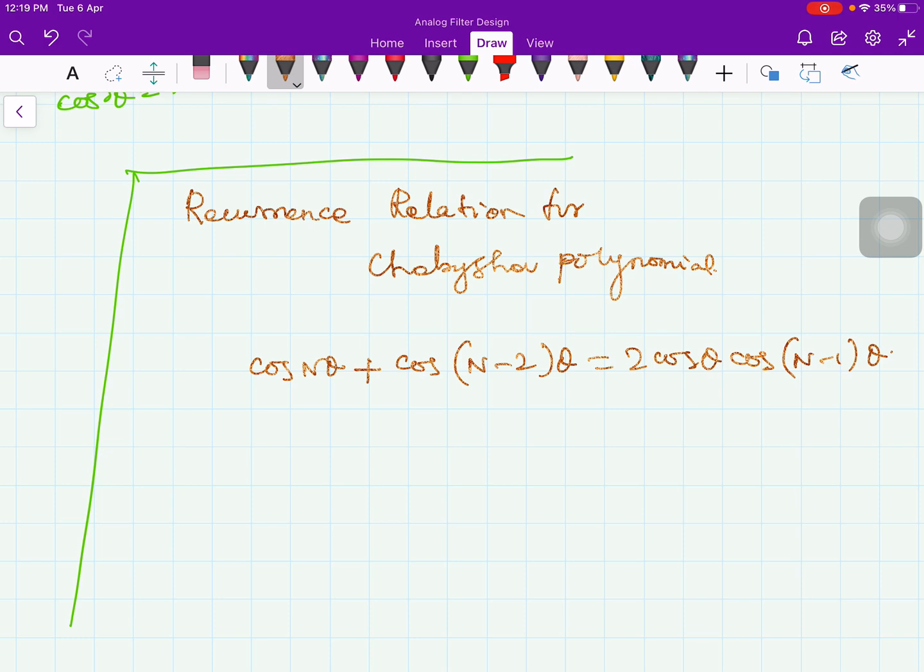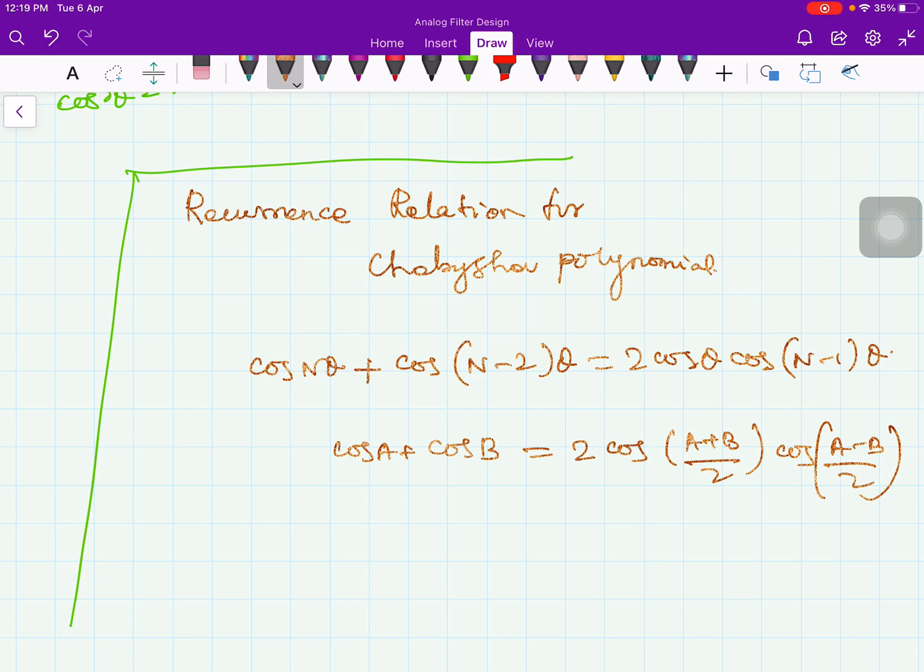See, if we apply the trigonometric formula, cosine A plus cosine B is twice cosine of A plus B by 2 cosine of A minus B by 2, that formula you can use.